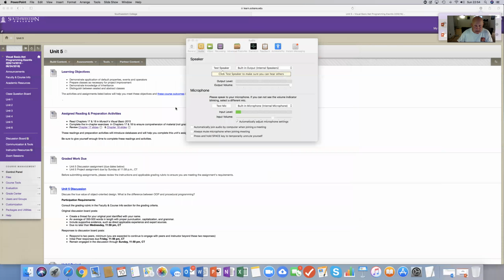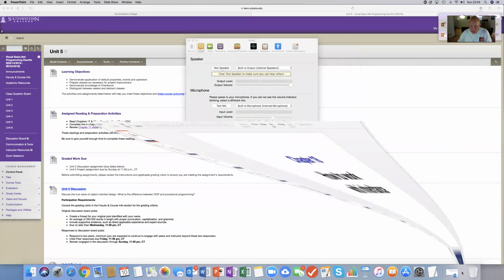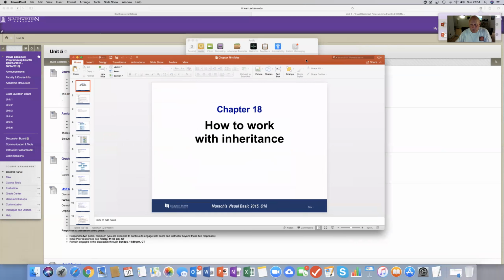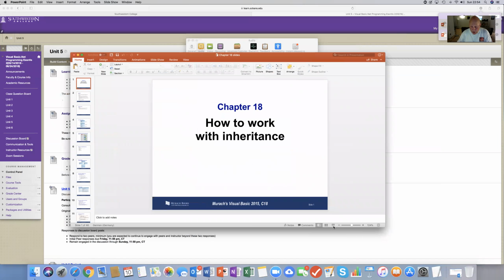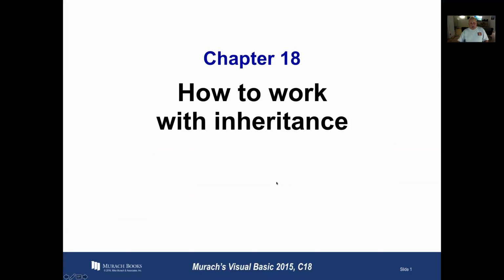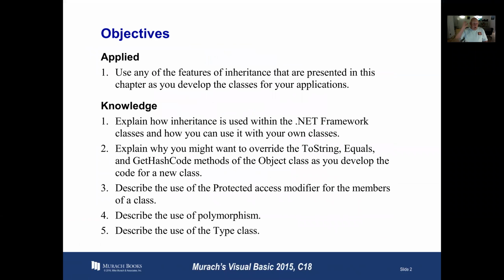Let's go to chapter 18 slides. So I mentioned we're also going to talk this week about how to work with inheritance. Applied, use any of the features of inheritance that are presented in this chapter as you develop the classes for your applications.